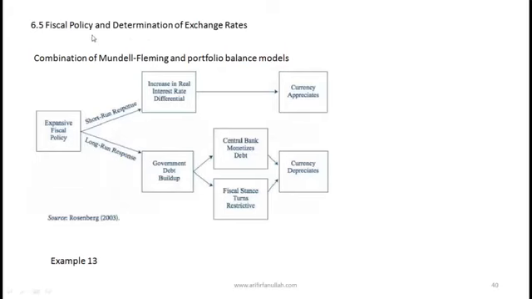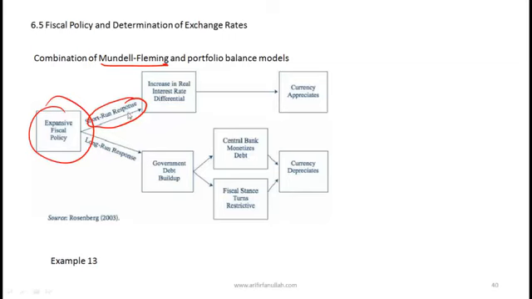Section 6.5, fiscal policy and determination of exchange rates. The most important aspect of this segment is that we combine the Mundell-Fleming and the portfolio balance models. The Mundell-Fleming model helps us in the short run. If we look at expansive fiscal policy, what happens in the short run? Effectively, there's an increase in the real interest rate differential.